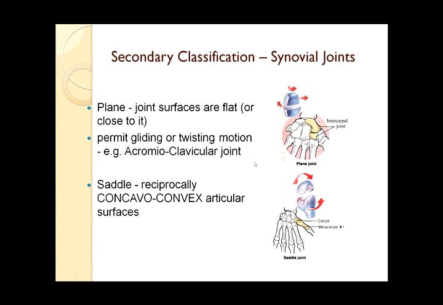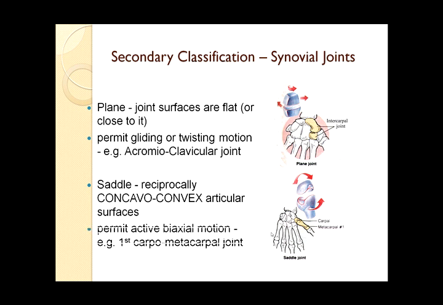A synovial saddle joint, for example, the first carpometacarpal joint of the thumb, has articular surfaces that are concave in one plane and convex in the other. In other words, concavo-convex. The two articular surfaces are usually reciprocally shaped, and these permit biaxial motion.